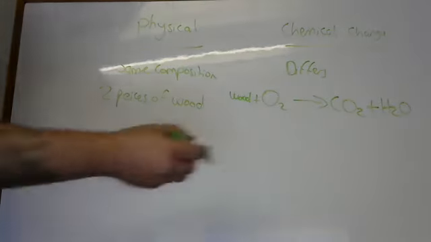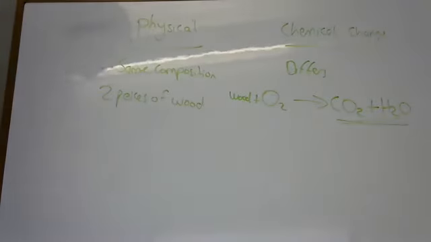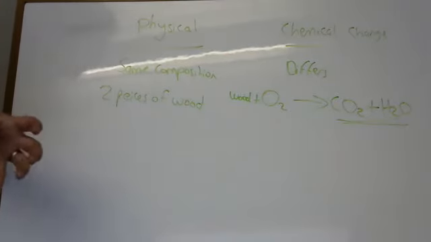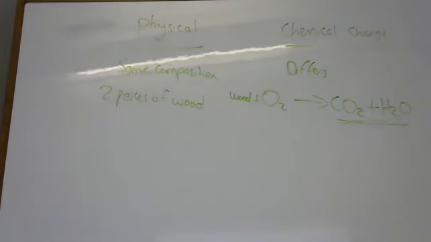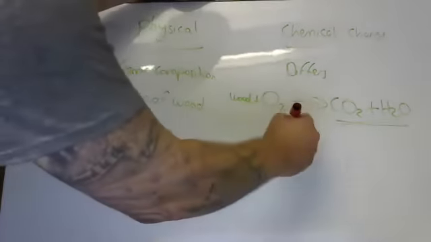Wood and oxygen is not here anymore. I cannot reverse that reaction. Physical, I guess I could glue the pieces of wood back together. Chemical change, you cannot reverse it.